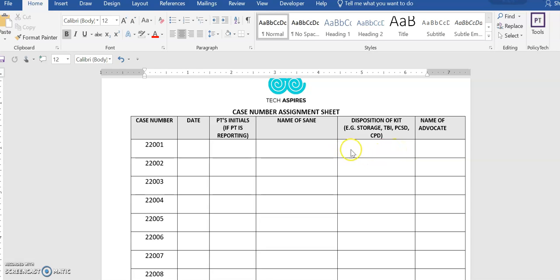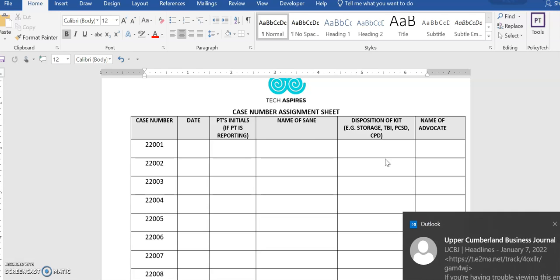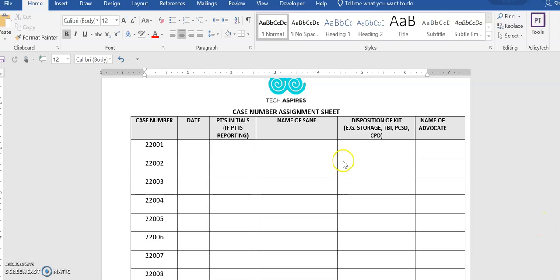When you write it in, just write TBI over to the left side, and then we'll have storage. Of course, everything's going to have a chain of custody form, but this will just be a double check. Most likely it will go to TBI.